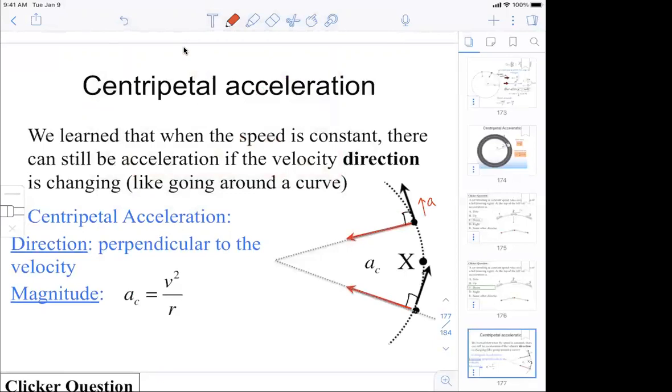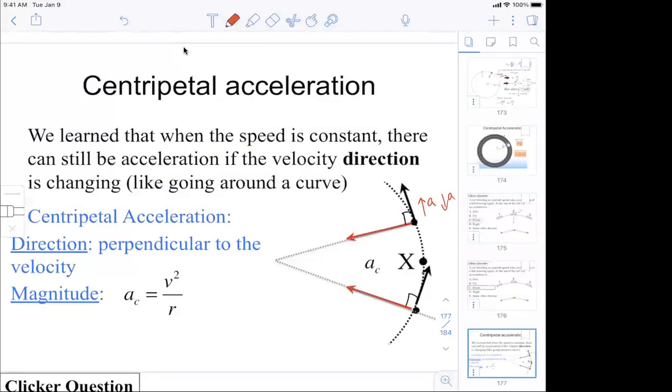It will make you speed up, right? If it's in the opposite direction, then the velocity will decrease and you will slow down. So in real life, a lot of times you're changing both the magnitude and the direction of your velocity. So you can imagine as you go around the curve, not only are you changing the direction as you're going in the curve, but you're also maybe speeding up or slowing down.